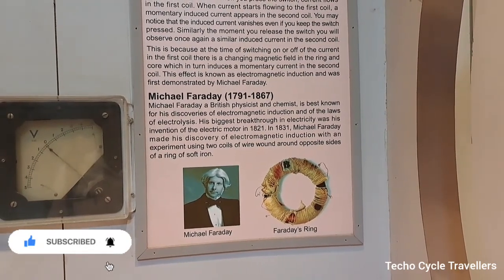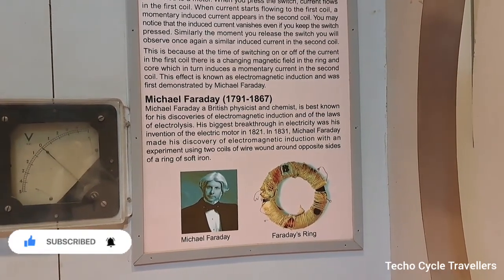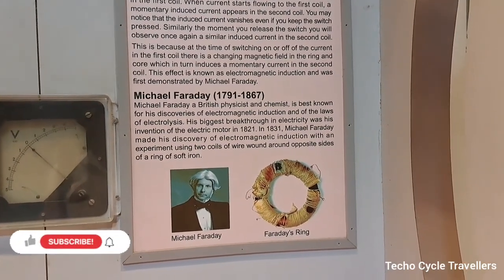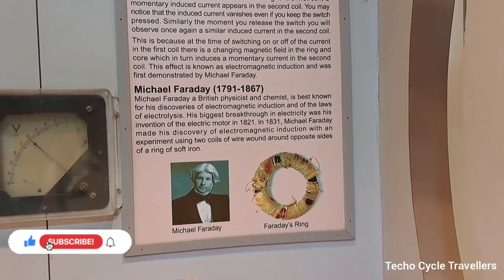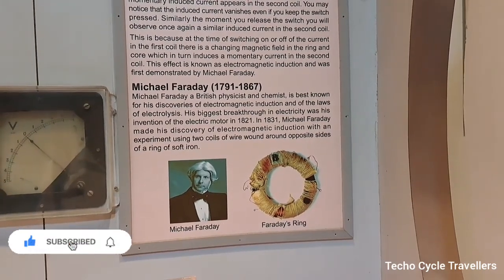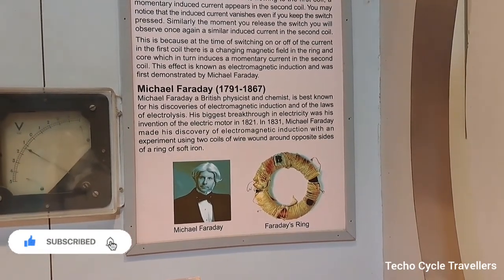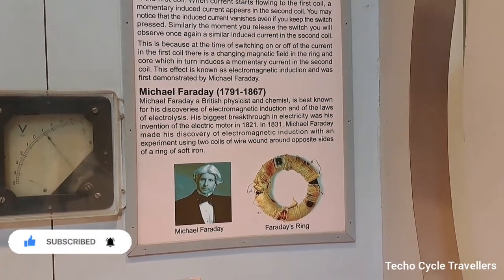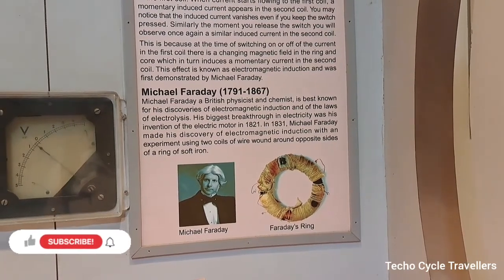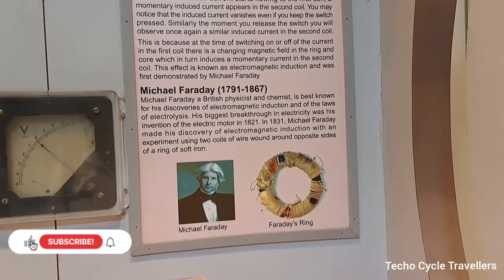This is because at the time of switching on or off the current in the first coil, there is a changing magnetic field in the ring and core, which in turn induces a momentary current in the second coil. This effect is known as electromagnetic induction and was first demonstrated by Michael Faraday.